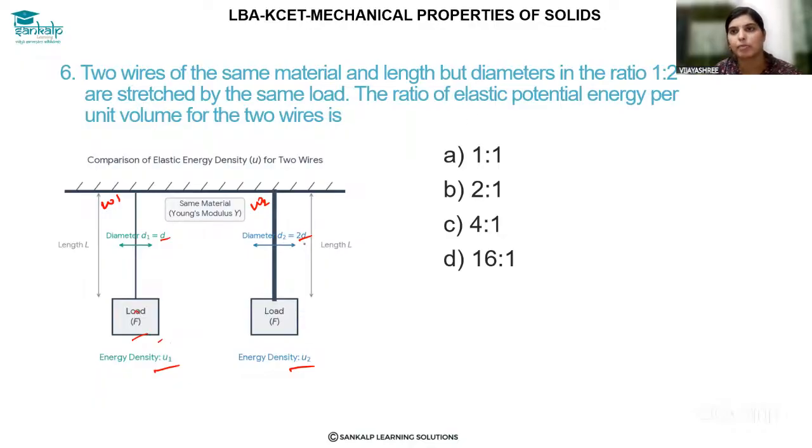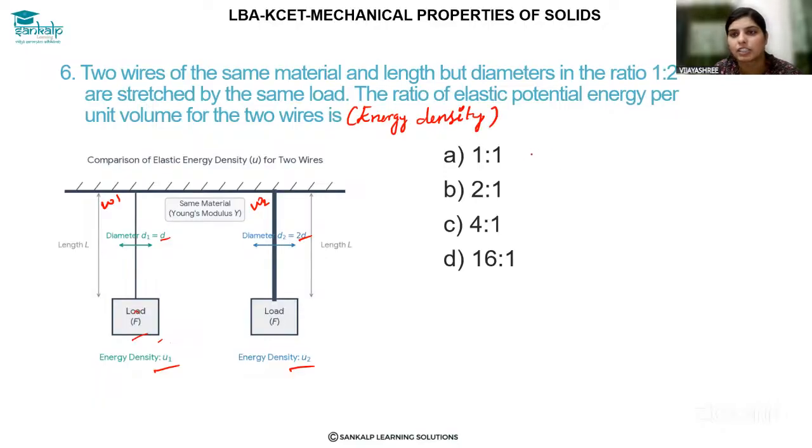Same length and same material. So diameters are in the ratio 1:2. Both are stretched by the same load. You can see it correctly in the picture. So now we need elastic potential energy per unit volume, or energy density.